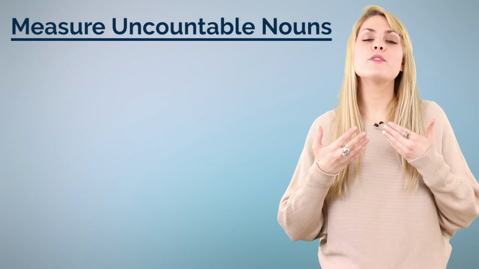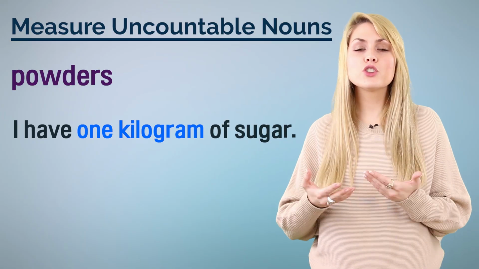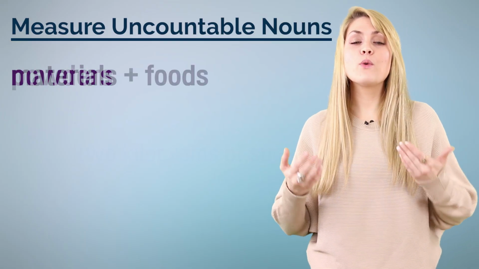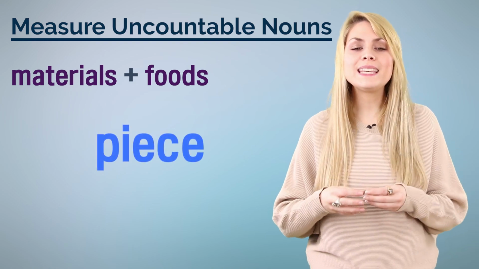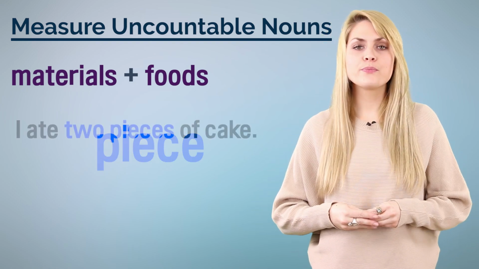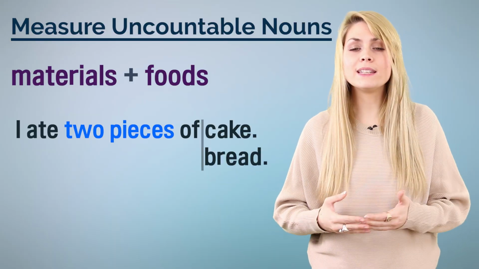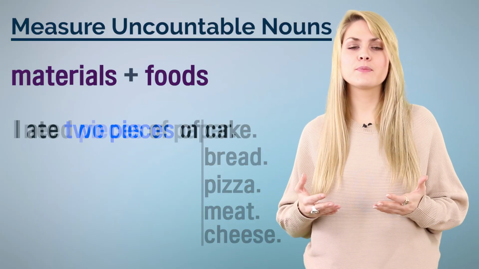Same goes with powders. I have 1 kilogram of sugar, 2 kilograms of sugar. With materials and foods, we often use the word piece. For example, I ate 2 pieces of cake, or bread, or pizza, or meat or cheese.